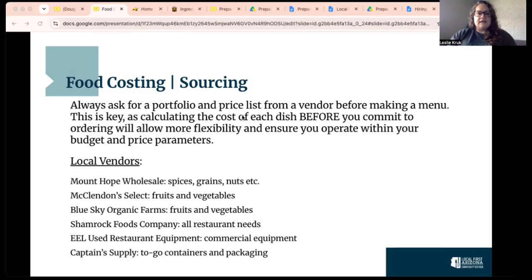Another thing that I highly suggest when sourcing your ingredients is going back to thinking about your standardized recipes and measuring them correctly. Go ahead and make yourself a comprehensive inventory of all the ingredients you use to produce the items on your menu. You'll find out some things that are going to stand out. There will be things that are more expensive than other ingredients.